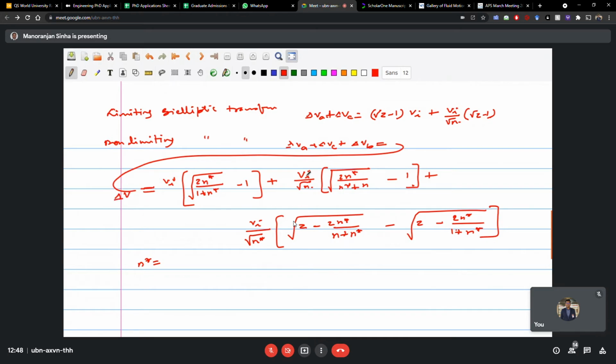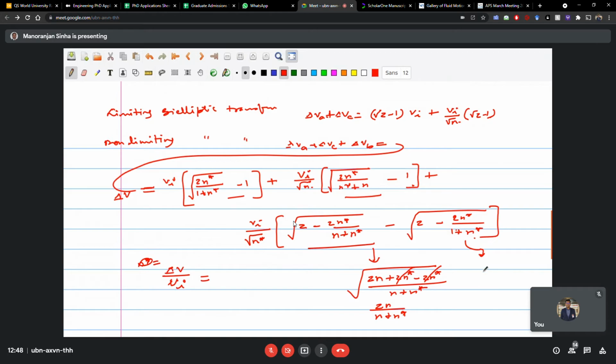And Vi is common to all of them. So this can be written in this way, delta V by Vi. Then this quantity, and this quantity. And this quantity you can simplify further as 2n plus 2n star minus 2n star divided by, this gets reduced to 2n by n plus n star.